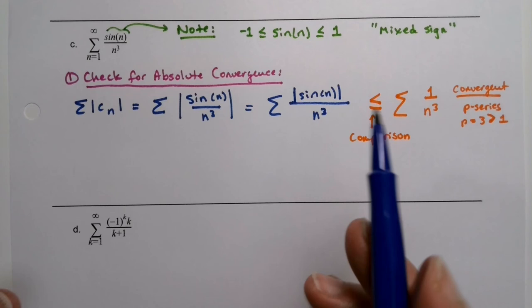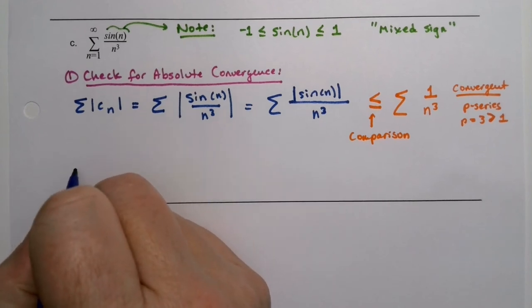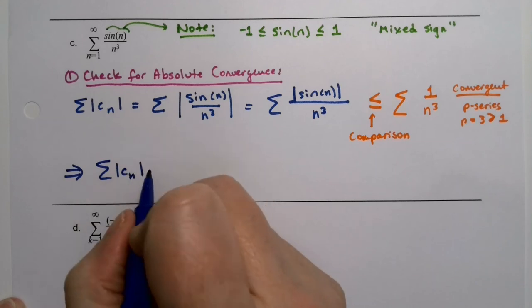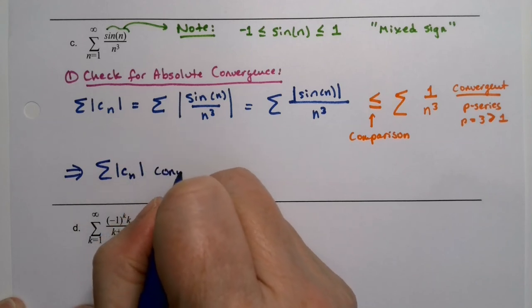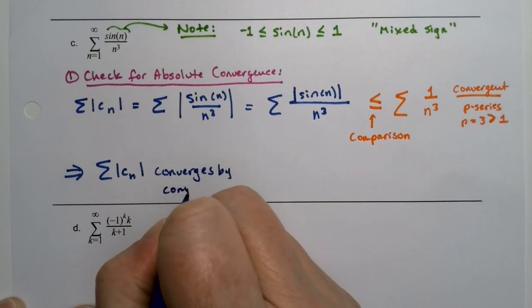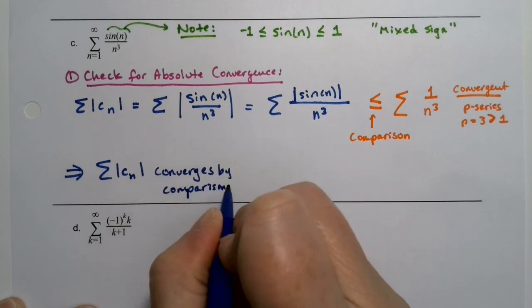The absolute value converges. So therefore the series converges. So that means that c sub n converges by the comparison test, right? That's what we just proved.